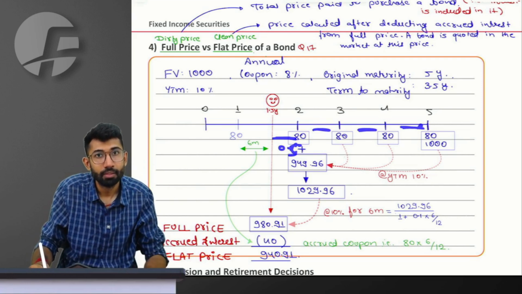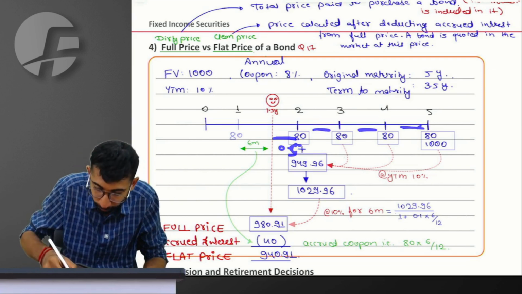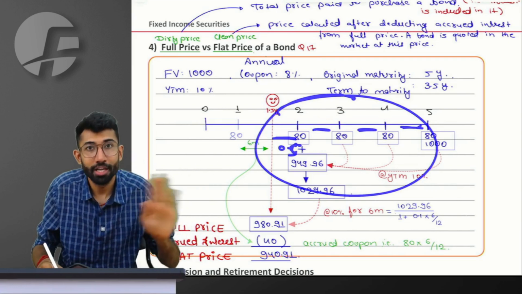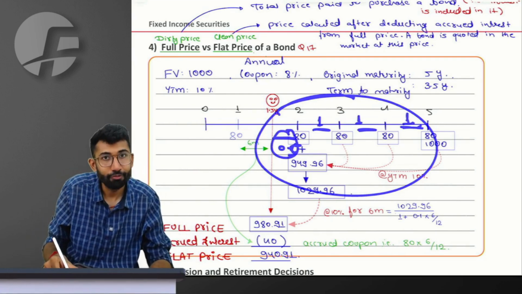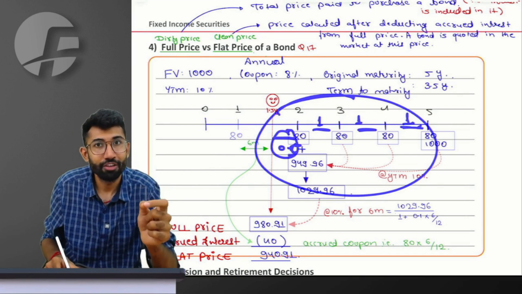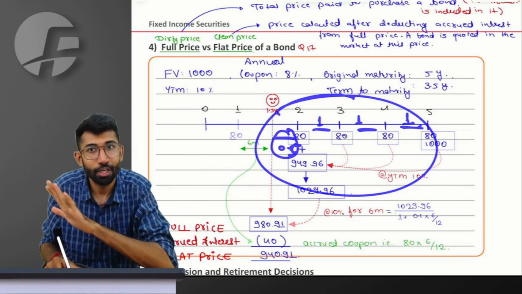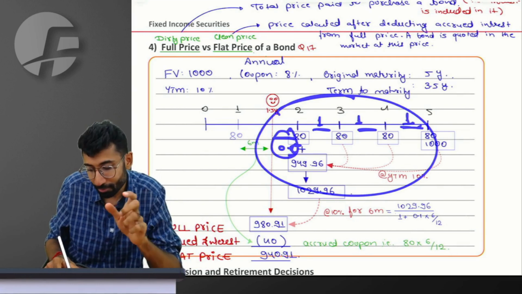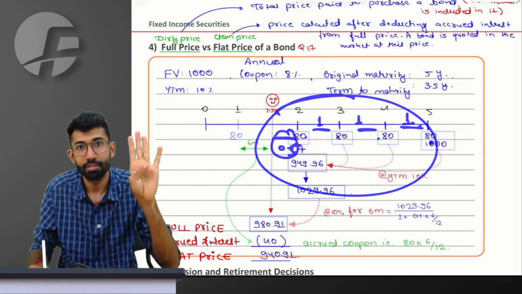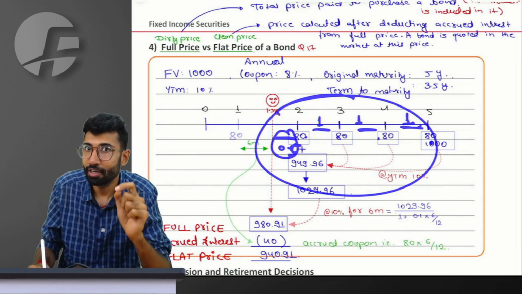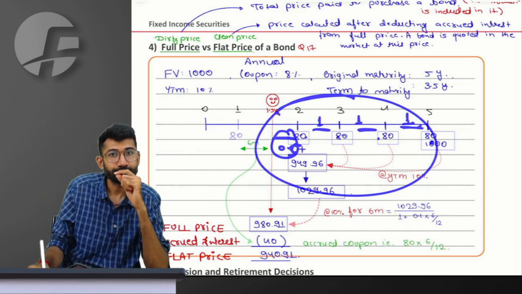So this is not an annuity, because this is 1 year, 1 year, 1 year, but this one is 0.5 year, 6 months, which is why I cannot simply discount it by multiplying 80 rupees with the present value annuity factor of 4 years. How many of you could understand the point I'm trying to make?